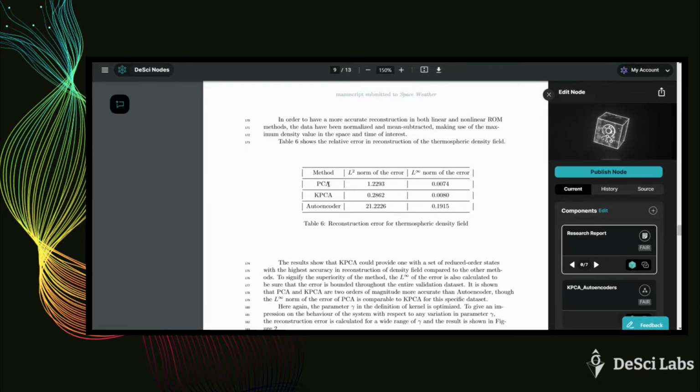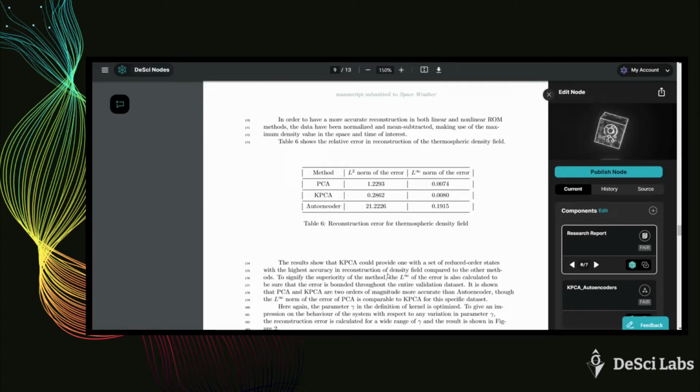But for the density, we have just these specific data sets. So for sure, we are suffering from the lack of data in this case. But anyway, for this specific data set, which is very famous in the domain of thermospheric modeling, we came up with this KPCA, which is much better than the autoencoder.